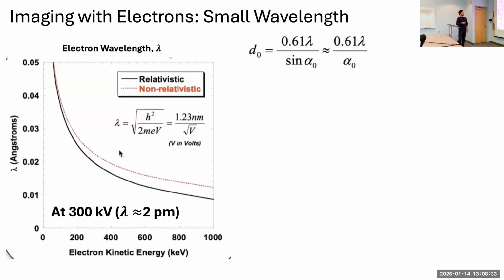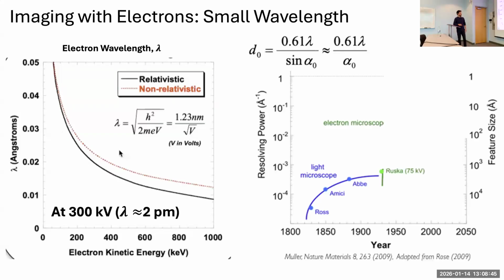Depending on the wavelength, if you follow just diffraction optics, the minimum resolvable feature scales with the wavelength and is inversely proportional to the convergence angle. Indeed, when folks realized that electrons have this matter-wave duality, in the 1930s, Ruska built the first electron microscope.